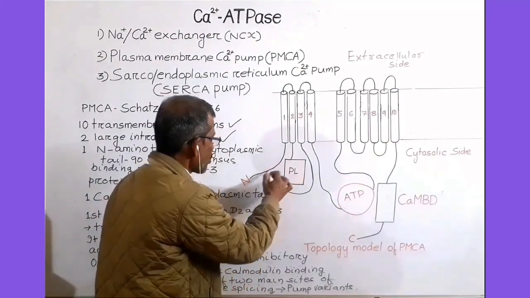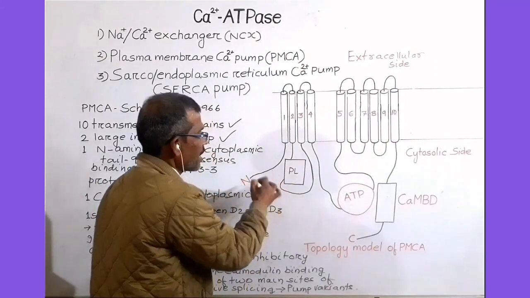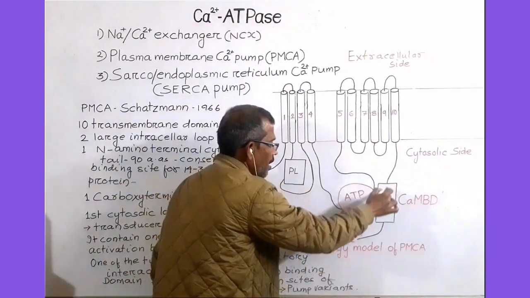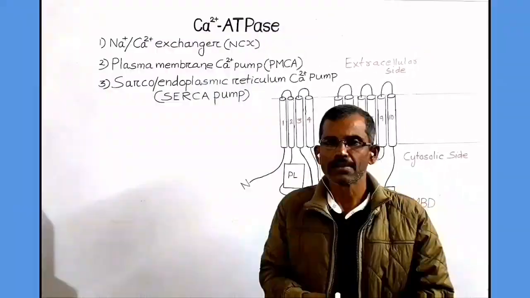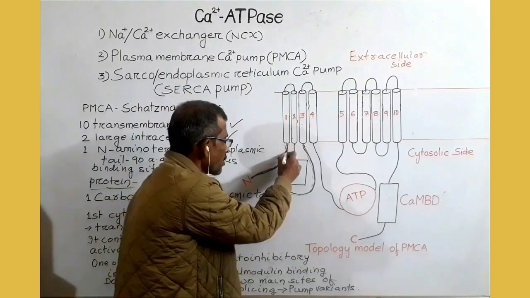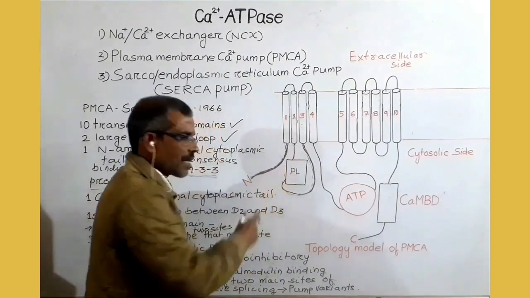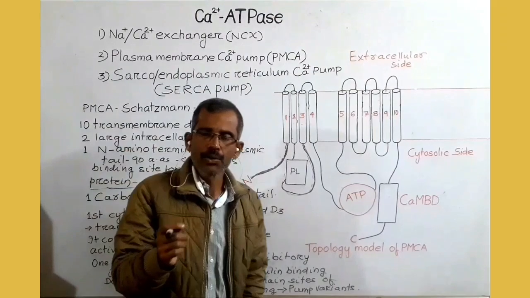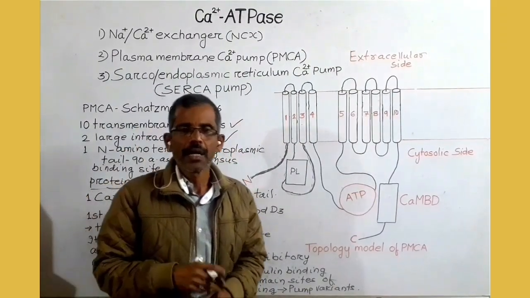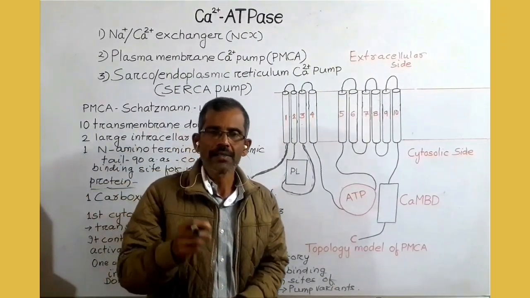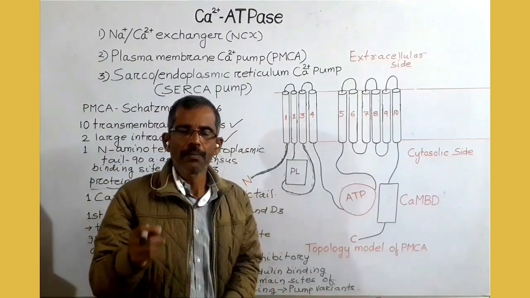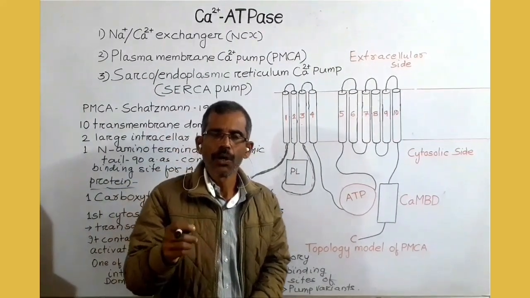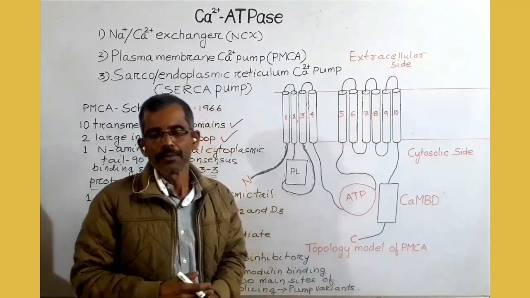This is the N-terminal cytoplasmic tail and that is the carboxyl terminal cytoplasmic tail. The N-terminal cytoplasmic tail is about 90 amino acids long. It has a consensus binding site for 14-3-3 proteins that play an inhibitory role on pump activity.